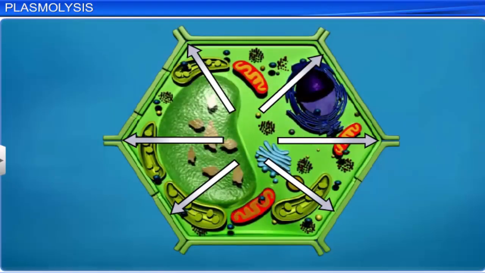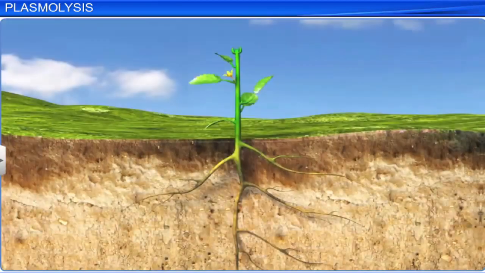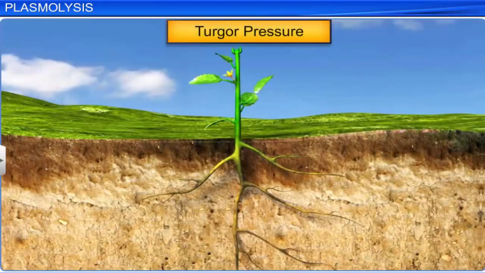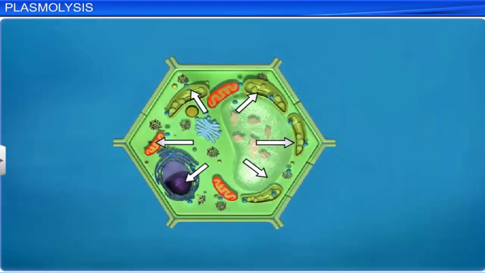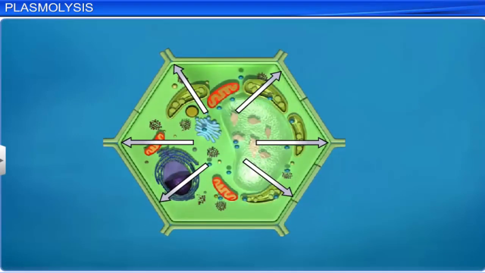This turgor pressure exerted by the protoplast against the cell wall due to the entry of water is called pressure potential, Psi-P. It is the turgor pressure in the plant cells that helps a plant to be erect. Since plant cells have a rigid cell wall, the cell does not rupture despite the turgor pressure. However, the cell enlarges and results in the extension growth.